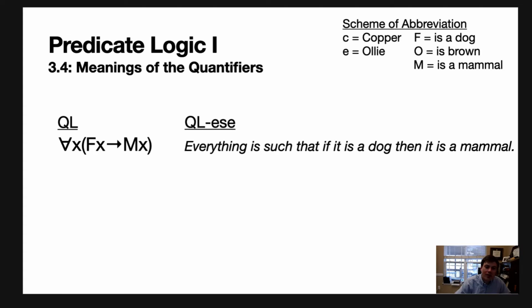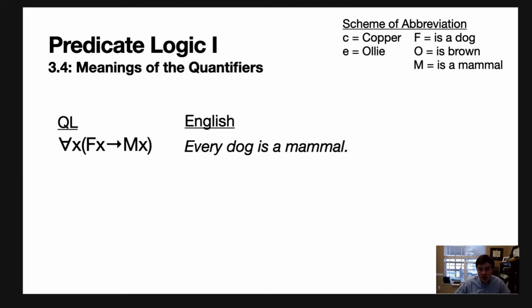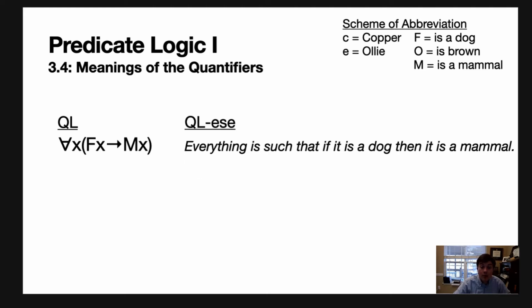Now you might be like, wait a second, I thought that the universal quantifier captured everything. And now we just have every dog. Well, that's not all the things. I mean, this thing over here is not a dog, so is the quantifier ranging over that as well? And the answer is that it is ranging over everything whatsoever. But because what's on the inside there is a conditional, all it's telling us is that for everything whatsoever, each and every thing meets the following condition: if it's a dog, then it's a mammal.